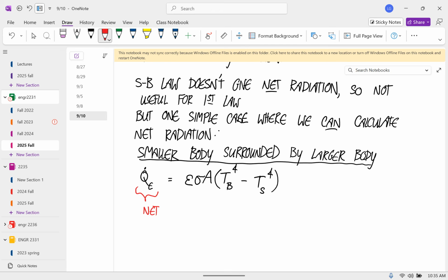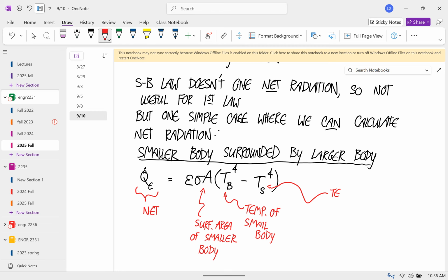So let me write all this. So this is the surface area of the smaller body. This is the temperature of that, B is for body, but this is the smaller body. And this is the temperature of the surrounding body.